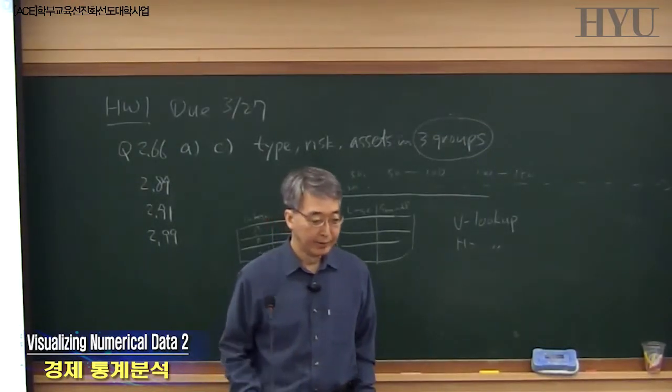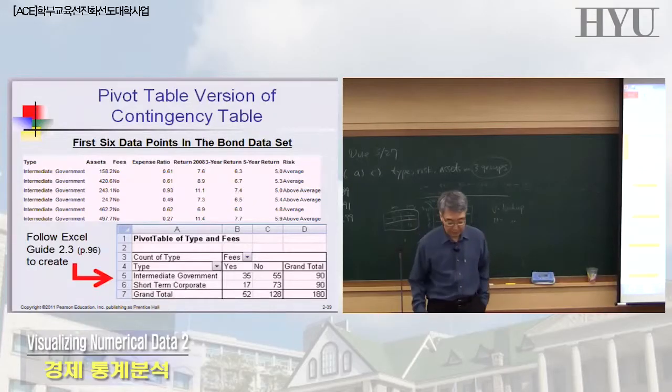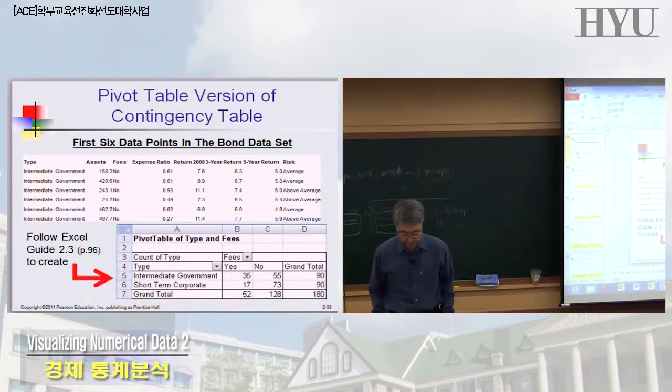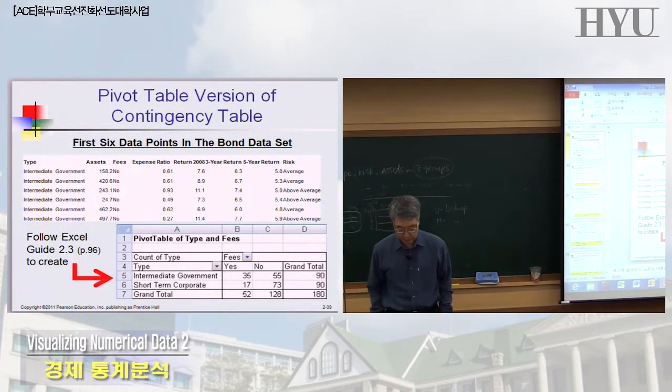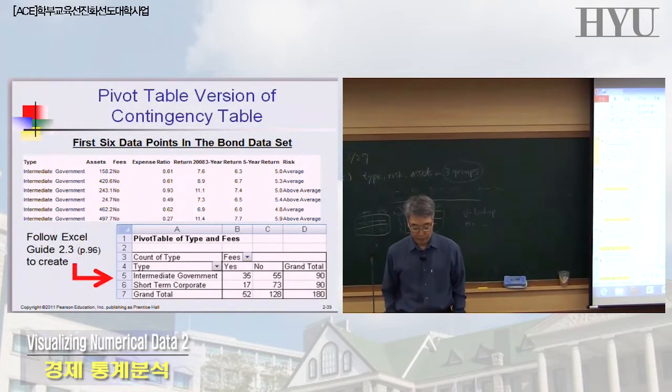Okay, without further delay, how do we do this? We have this data. Again, this data is from the bond fund XLS. We have type of government, type of funds, type of bond funds, asset size, fees, expense ratio, return in 2008, and so on.